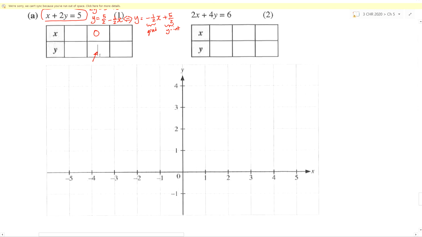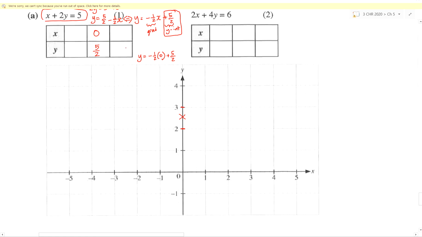So let us substitute x equals 0 into the equation: y equals negative half times 0 plus 5 over 2. We have a y coordinate of 5 over 2, which doesn't surprise us because we already mentioned that the y-intercept is 5 over 2, which is 2.5. So let us count. This is level 2, this is level 3, so level 2.5, which is 5 over 2, must be in the middle.